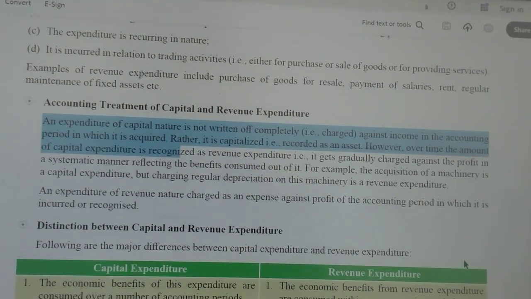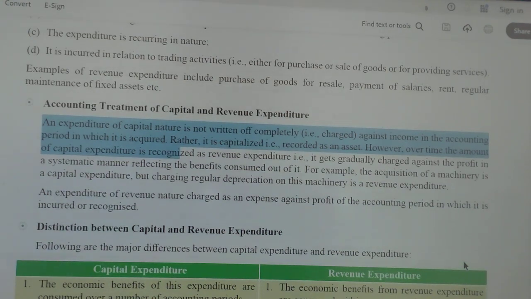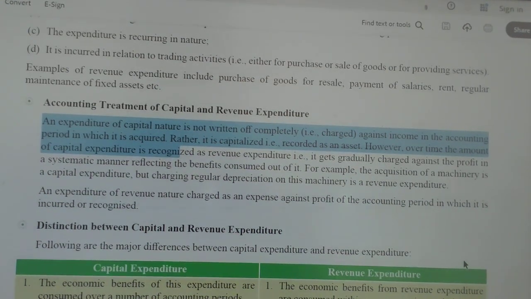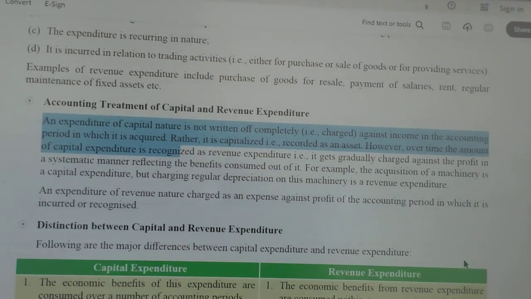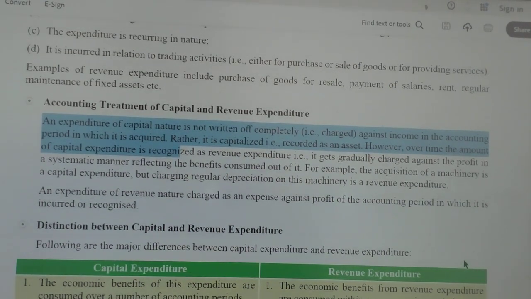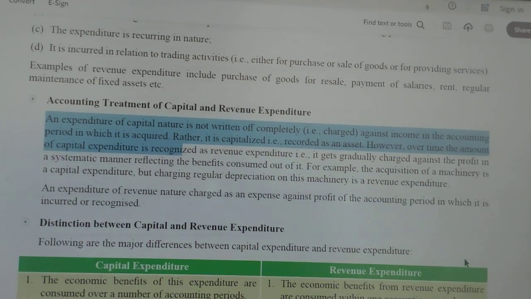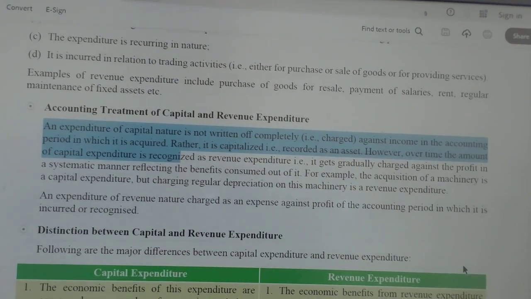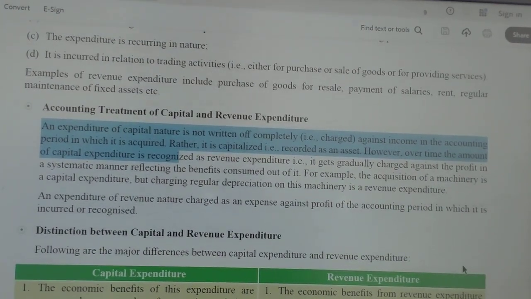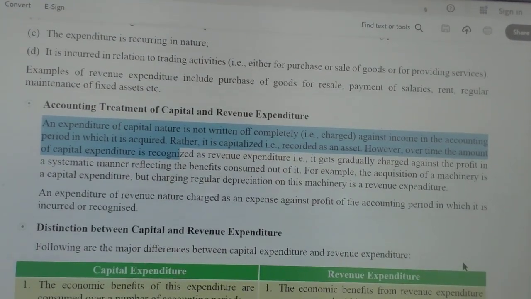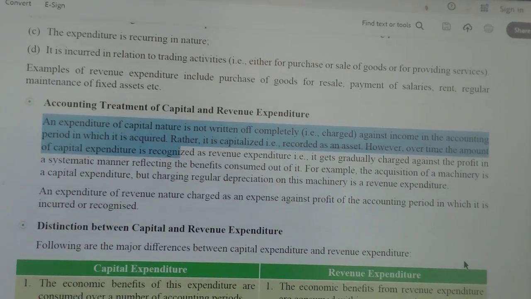It is shown as an asset in the balance sheet of the company's financial statements. In contrast, revenue expenditure is day-to-day operational expenditure, and it is charged to the profit and loss account for that period. This is the treatment of capital expenditure and revenue expenditure.